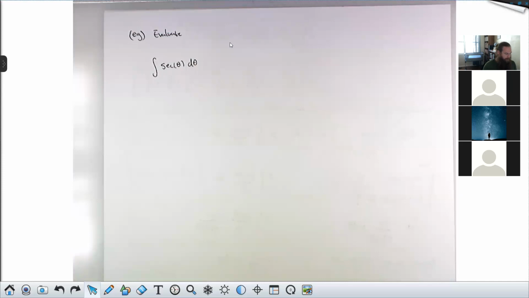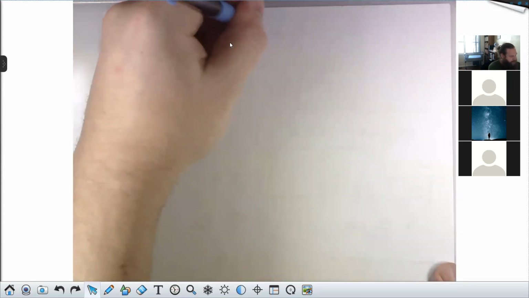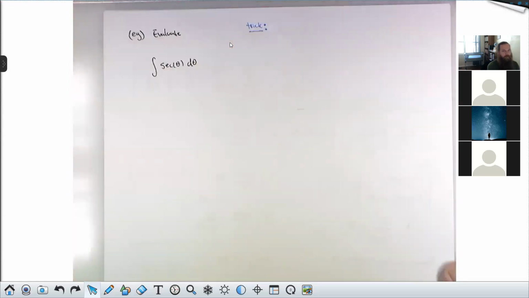There's a trick here, and it's a weird trick. It's not a trick I expect anybody to come up with. But having seen it, I do expect you to be able to follow the argument. So here's the trick. Remember way back in chapter 2 when we were taking limits, sometimes you would need to multiply by the conjugate. Like you had to multiply by the square root of x plus 1 over the square root of x plus 1, that sort of thing.